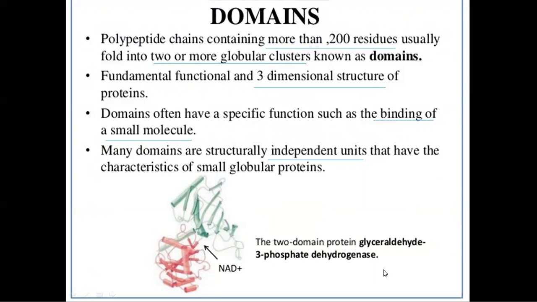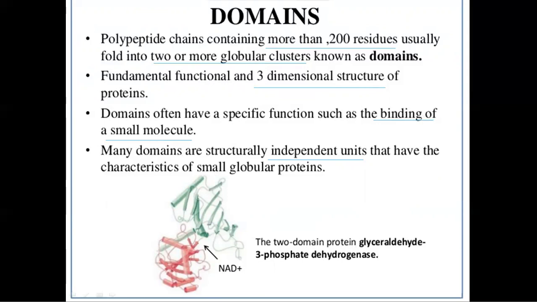And this is an example of a two domain protein, glyceraldehyde 3-phosphate dehydrogenase. And due to the presence of this structure, it is useful for binding small molecules at the enzyme site.